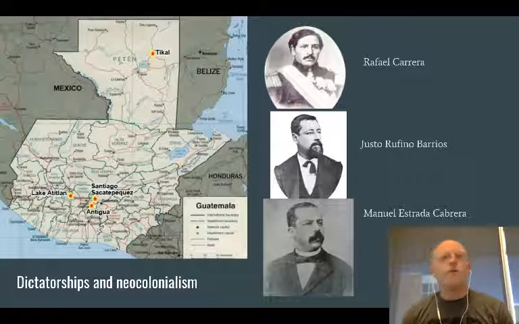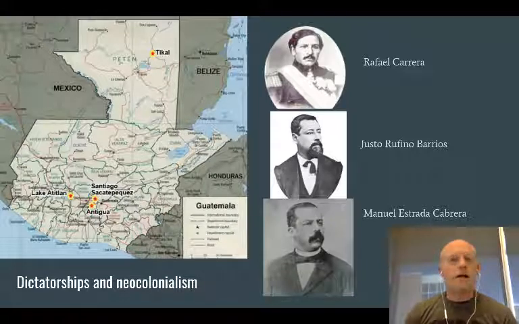All of these guys, though, were focused on modernization. So much like Porfirio Diaz in Mexico, they wanted to bring order and progress to Guatemala. And to do that, they were willing to give major concessions to foreign enterprises. So this is like the United Fruit Company.